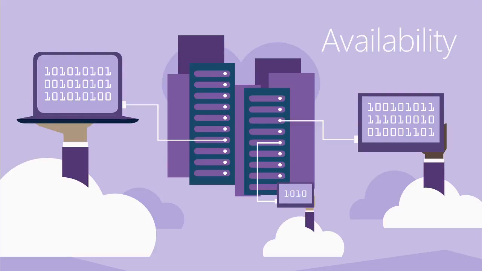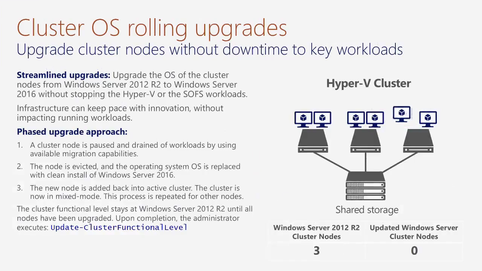A lot of the availability features that I'm going to talk about right now, if you just take your existing Windows Server 2012, 2012 R2 deployment, upgrade it to Windows Server 2016, and don't change any of the configuration, you will be in a much better place from an availability point of view. So what have we done?